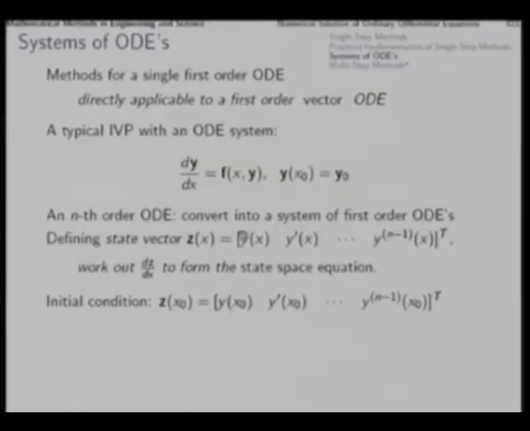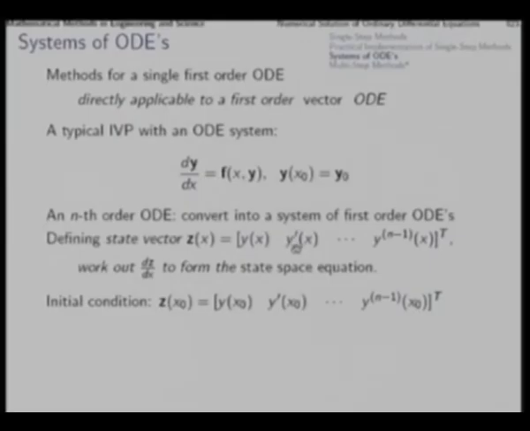So, this vector completely defines the state of the system that the differential equation is trying to describe, and then you try to work out dz by dx, partly from this definition and partly from the differential equation. How? You see here, z1 is y. So, dz1 by dx is going to be y prime, which is z2. Then z2 is y prime.